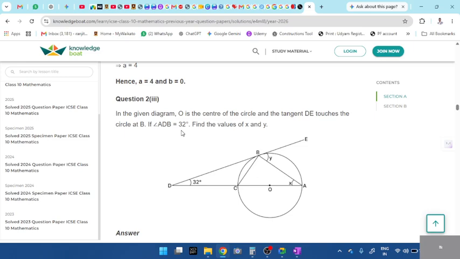Check the 90 degrees straight line concept, find angle X and Y. No, this was a bit tough one. Yeah, CB is 90, right? Wait, let me share the question.